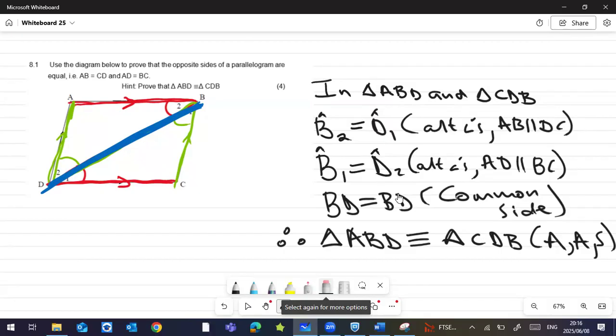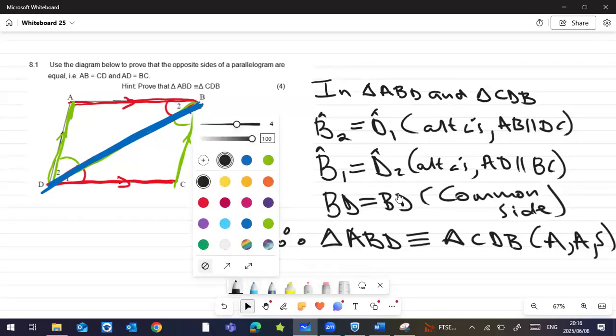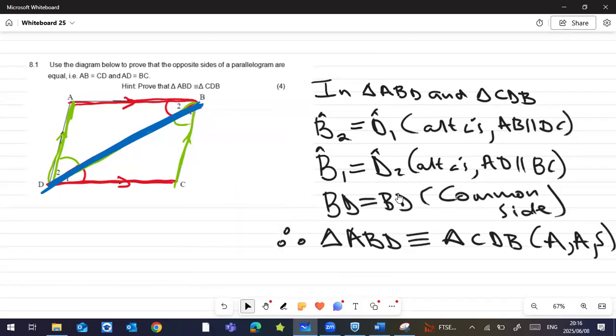Now, from congruency, if triangles are congruent, it means they are identical, they are equal in all respects. So it means everything that corresponds there should be equal. Therefore, from congruency, I can safely conclude that anything that corresponds must be equal.